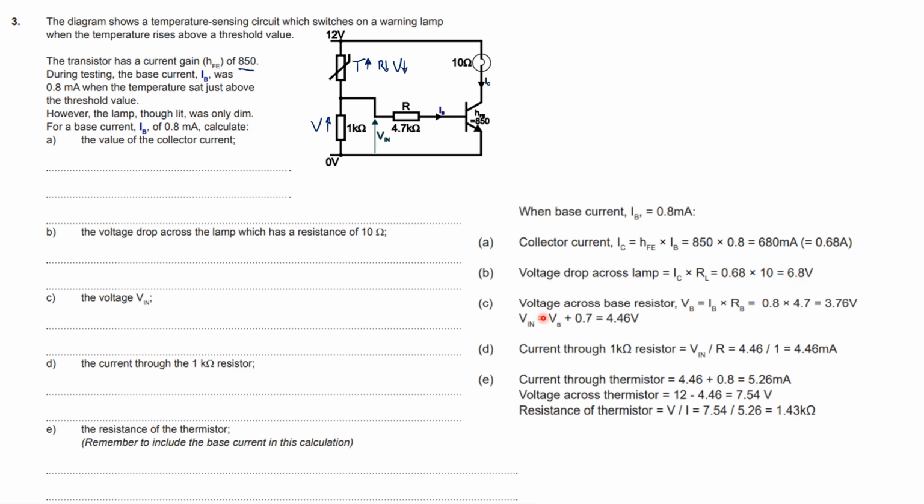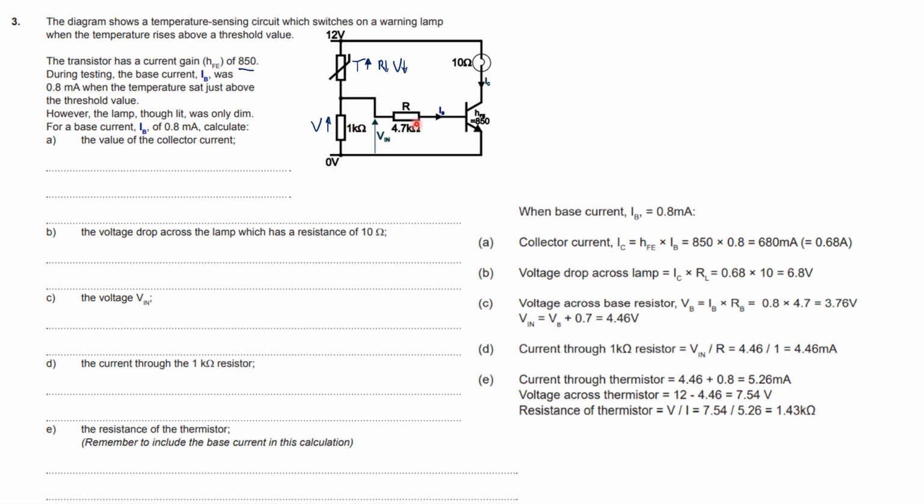Next, the voltage V in. So the voltage at that point there, we need to work out the voltage across the base resistor first. If I know that the base resistor is 4.7K, and I know the current going through it, I can work out I have 3.76 volts across that resistor.